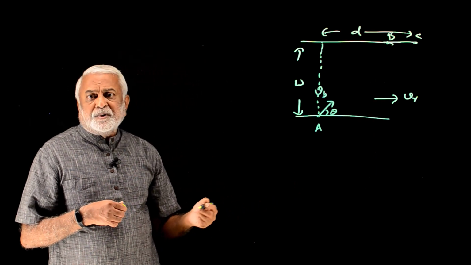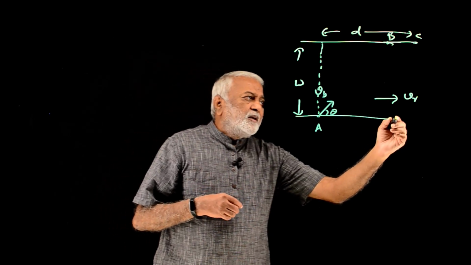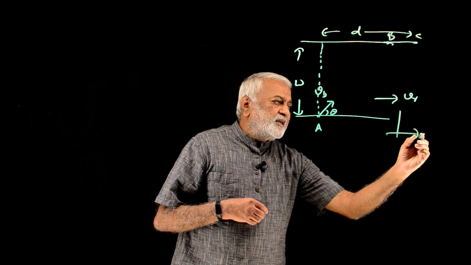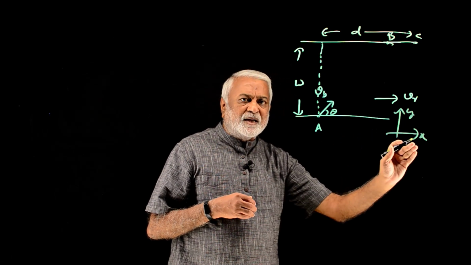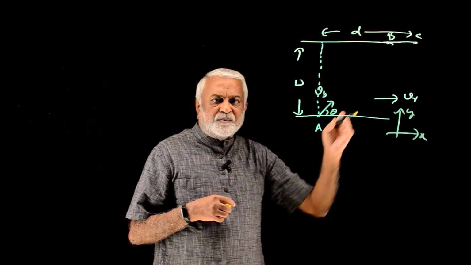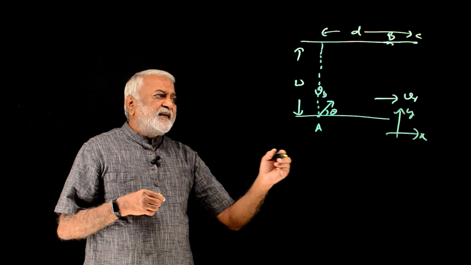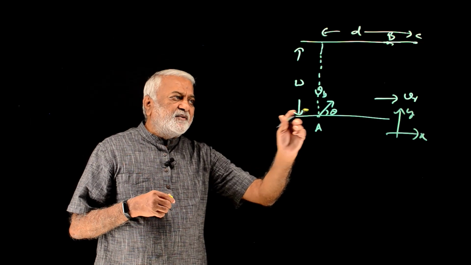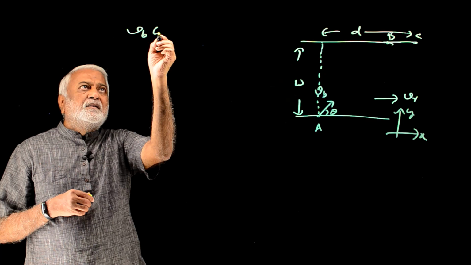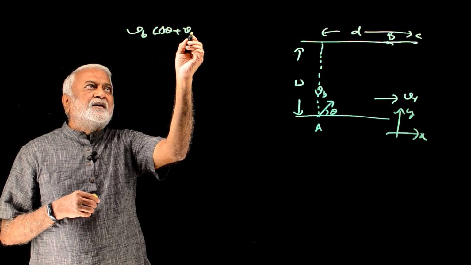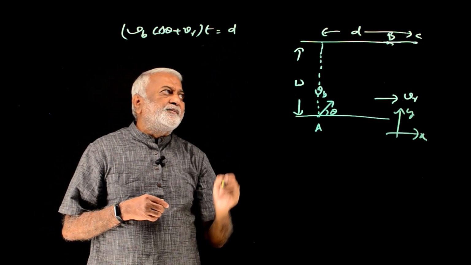Any problem of a boat crossing the river is a matter of solving two equations, one for the x-axis and one for the y-axis. We set them up like this: x parallel to the river and y perpendicular to the river. The equation for the x-axis would be: Vb cos theta is the velocity parallel to the river, so (Vb cos theta plus Vr) into t equals d.